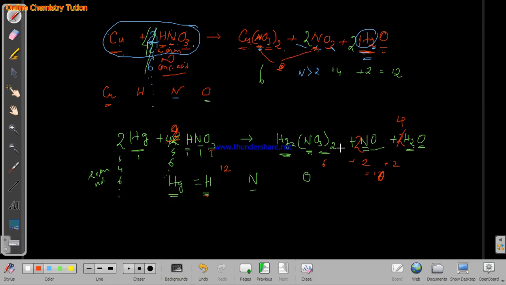So you have to bring 4 nitrogen also. But you see here, if you bring it 8, what will happen? Oxygen will be 24. The number of oxygen will be 24 here, or here it is 6 plus 2 plus 4, meaning 12.